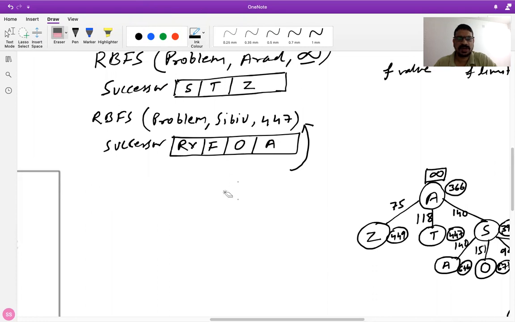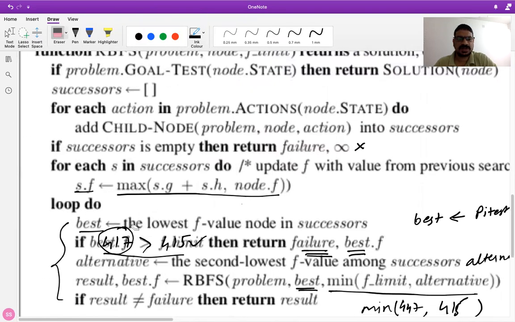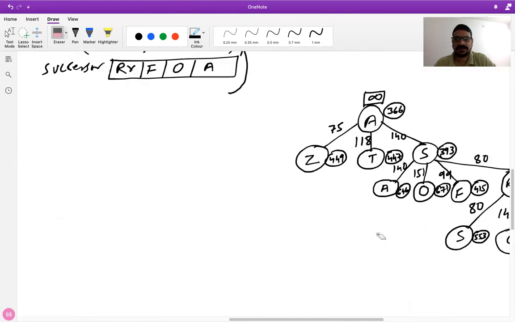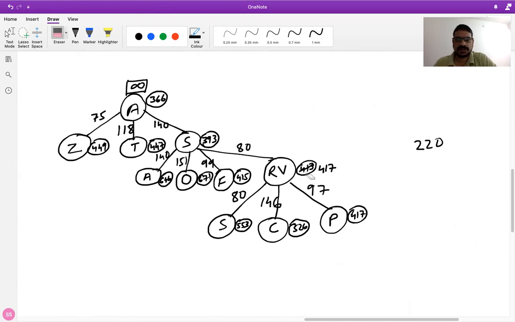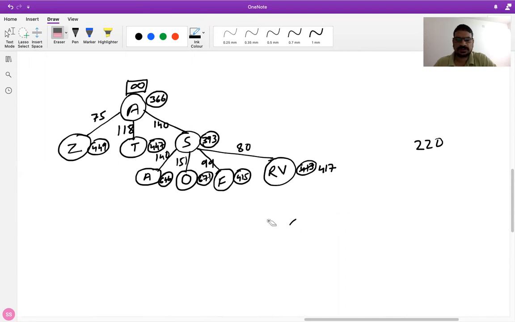I hope you understand why it is a failure: because this condition is satisfied and it is returning failure, and along with the failure it is returning the best of F value, right? Because I don't want to explore this, I'll remove it. And this value has been updated.